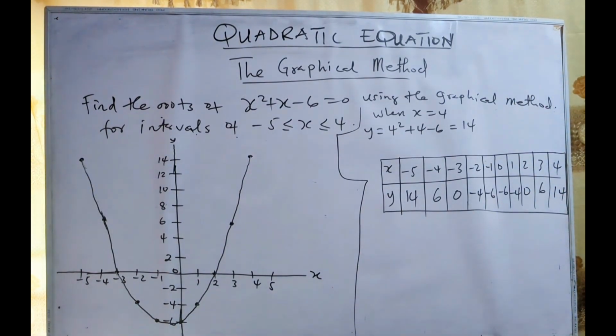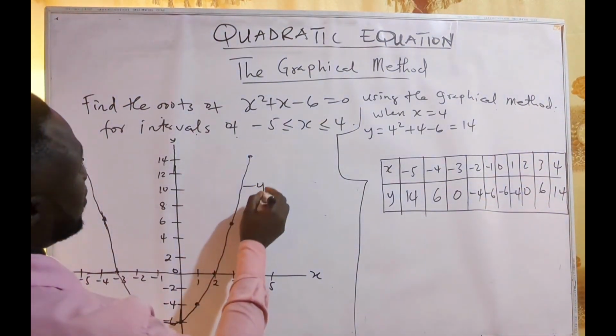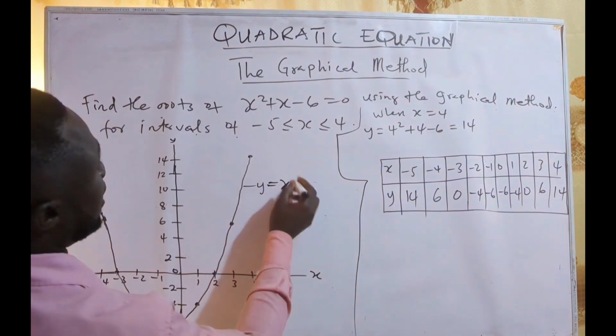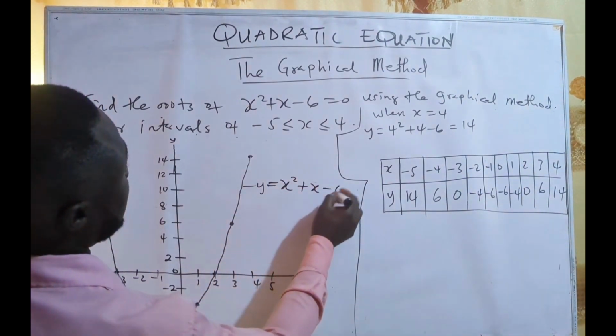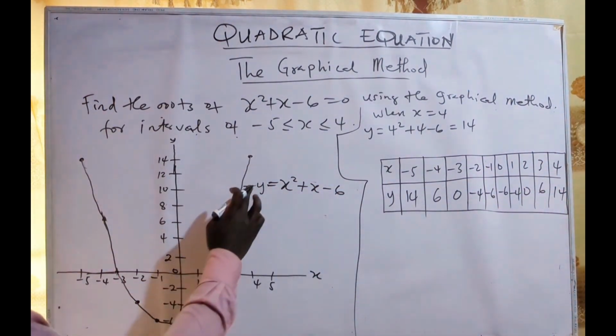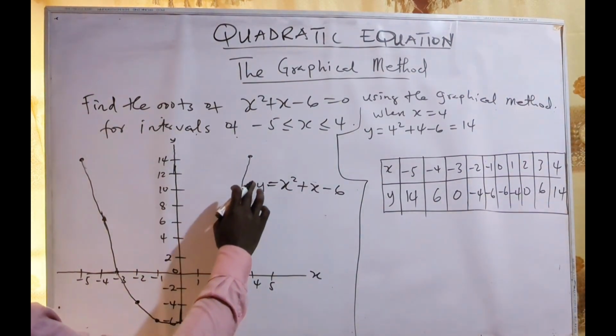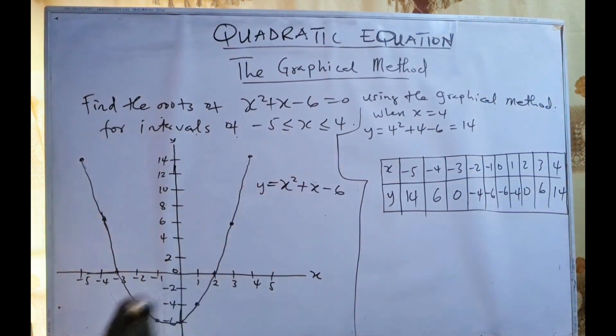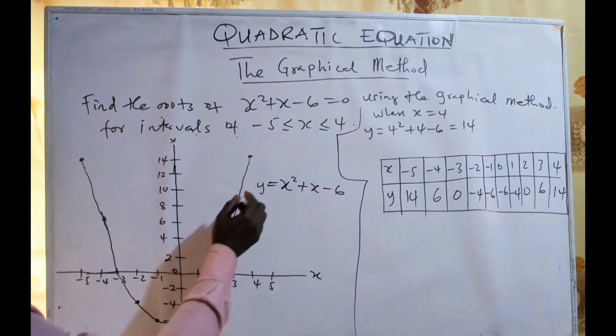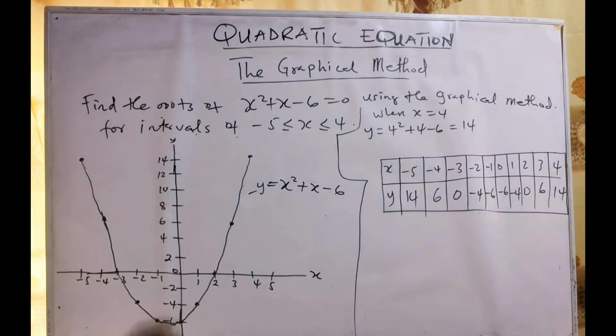We have joined the points, and this is our curve so nicely. Y is equal to x squared plus x minus 6. This is a quadratic function for the curve. Y is equal to x squared plus x minus 6. Okay, so this is our curve.